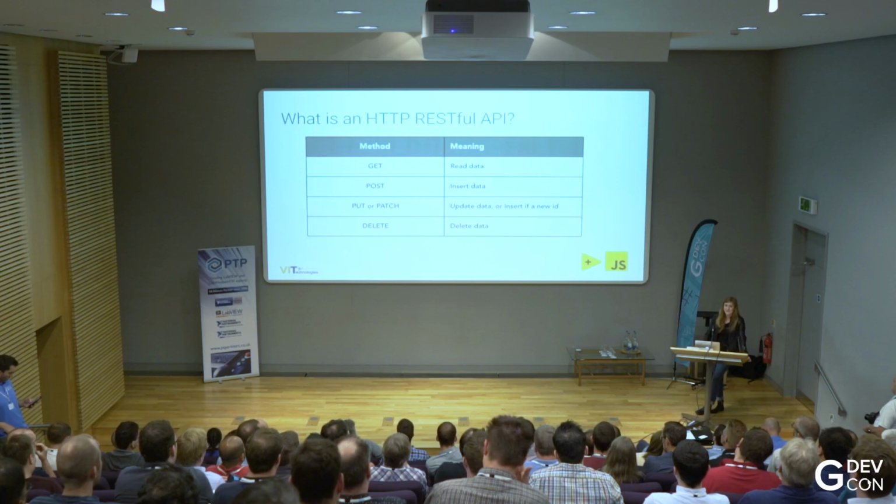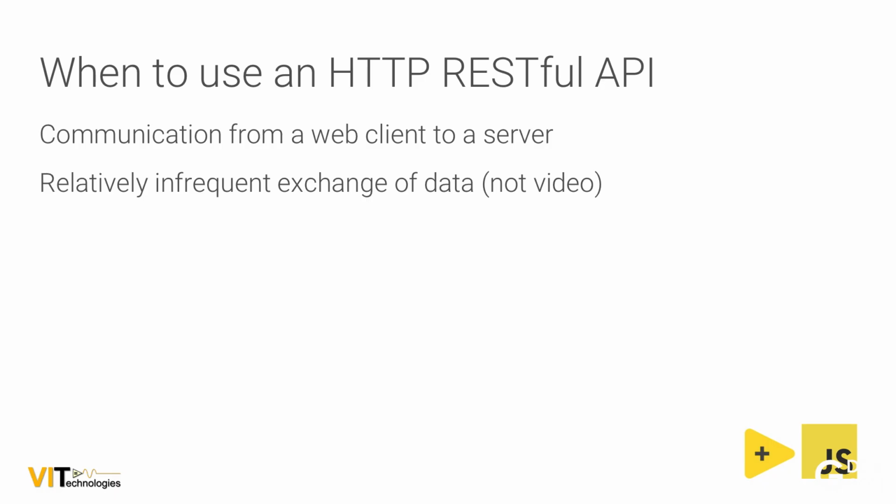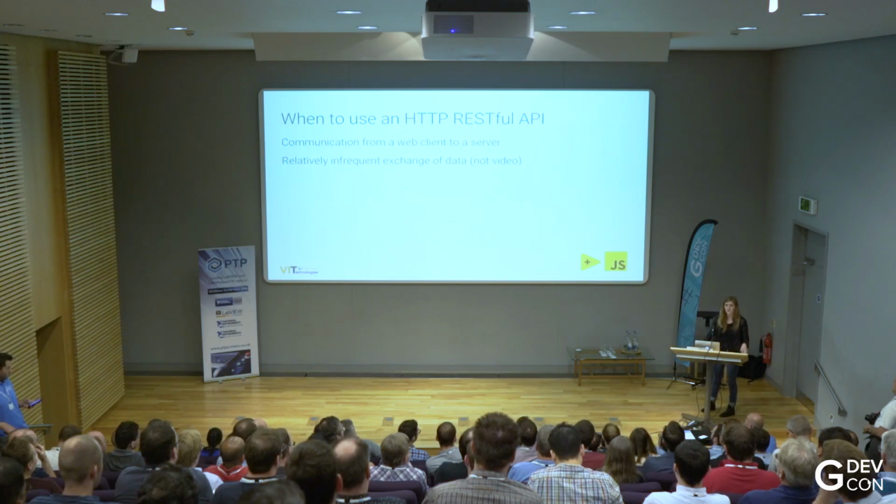And there are a lot of resources out there if you're curious to read more about it. But it's pretty useful when you're communicating from a web client to a server, and it's good if you have relatively infrequent exchange of data. So I wouldn't use a RESTful API if I want to stream a video.